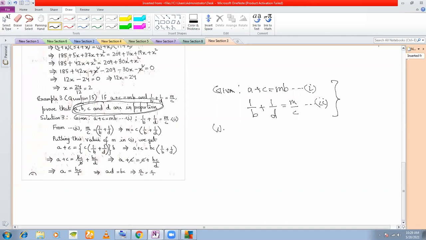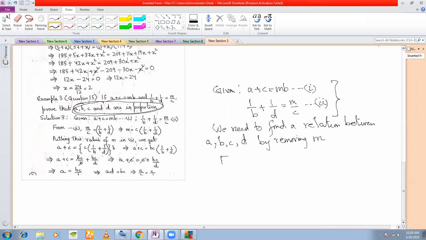That means with the help of these two equations, we need to find such a relation between A, B, C, D by removing M, right? And how do I remove M?